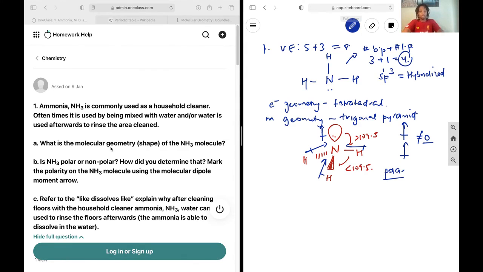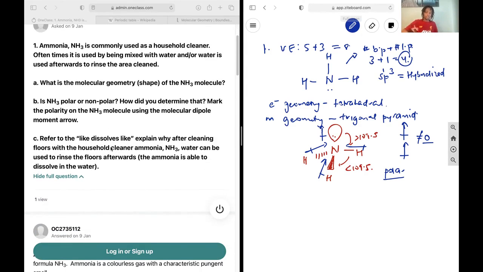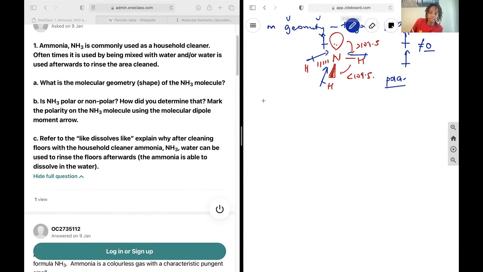Okay, next up, they'd like us to answer why water can dissolve ammonia. This is based off of the idea of like dissolves like. This means that polar solvents will dissolve polar solutes.